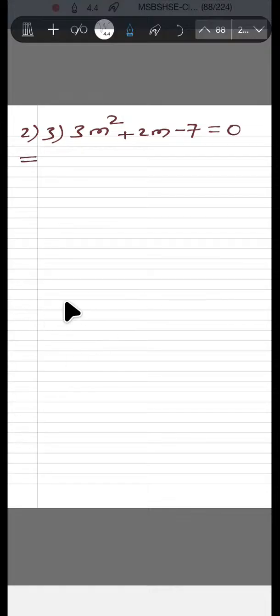Okay, that is the question here. What they have instructed: solve using the formula.